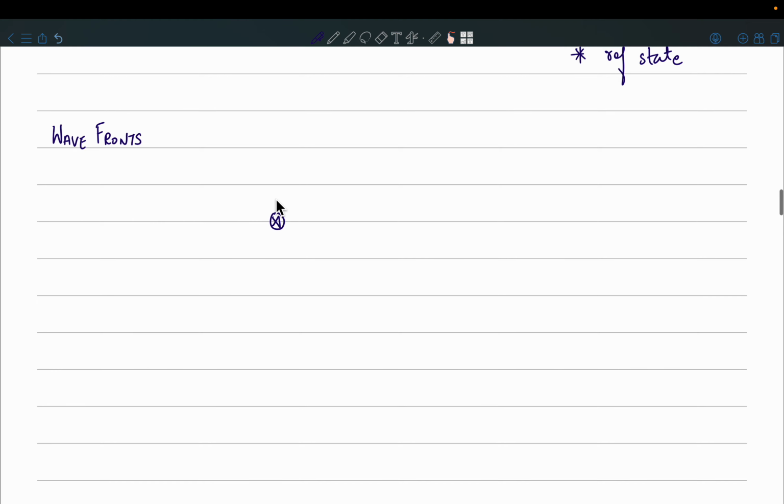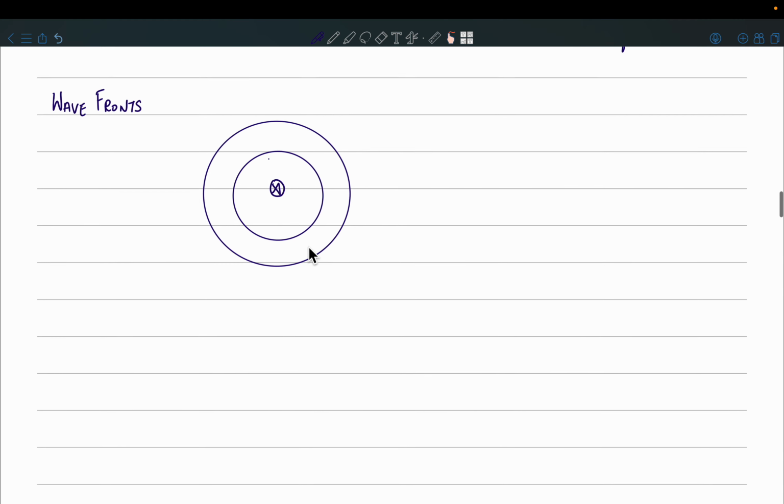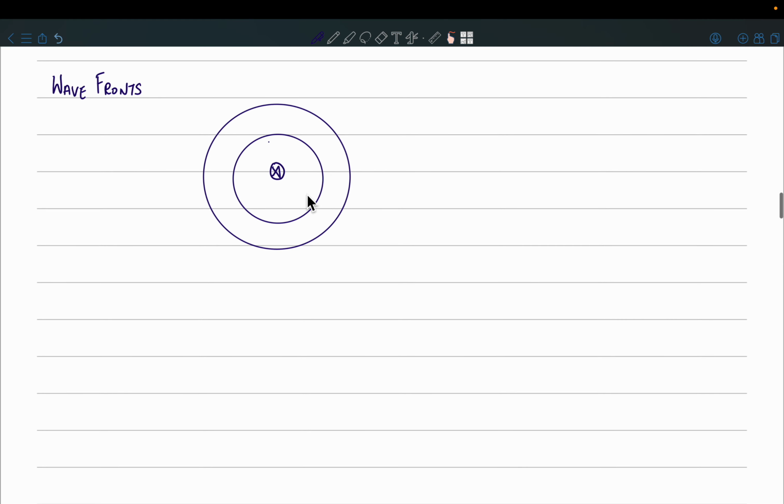Then it is going to create sound, and that perturbation is going to travel, and after some time that perturbation would have traveled even further, right? So this is going to look like concentric circles. I hope you know this concept.